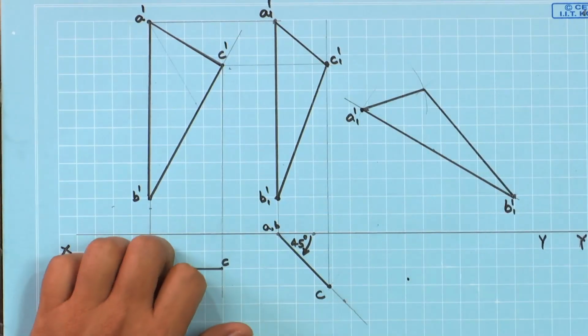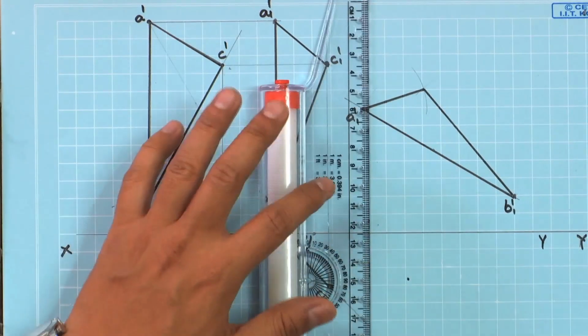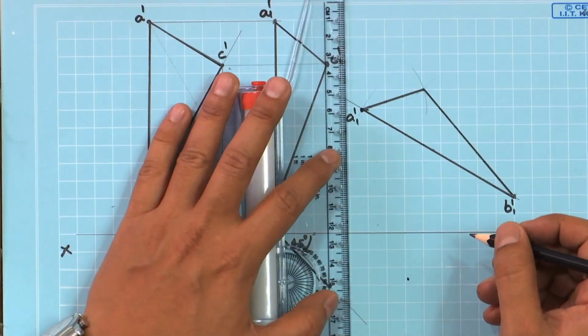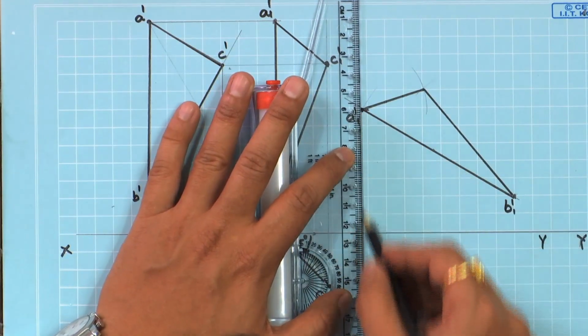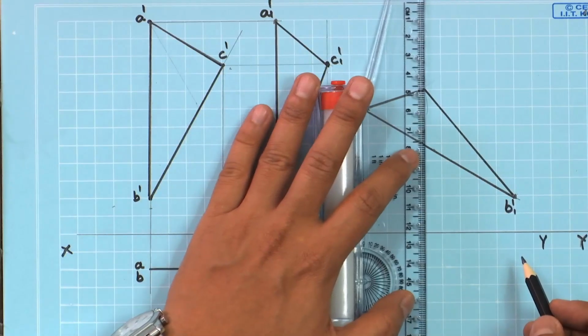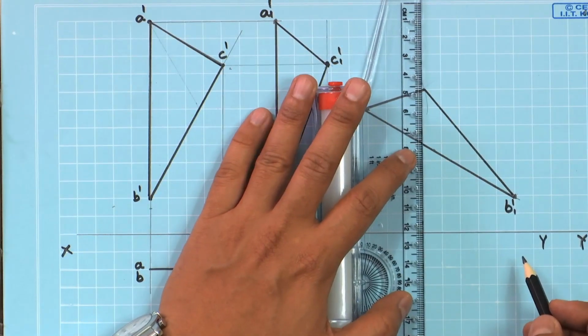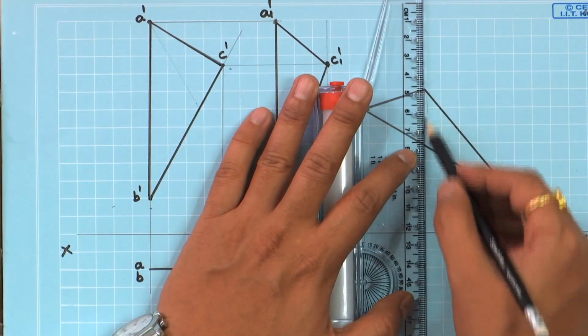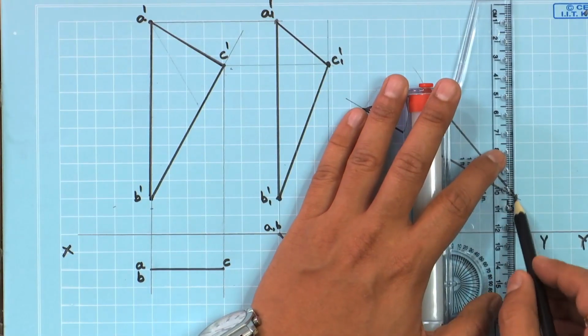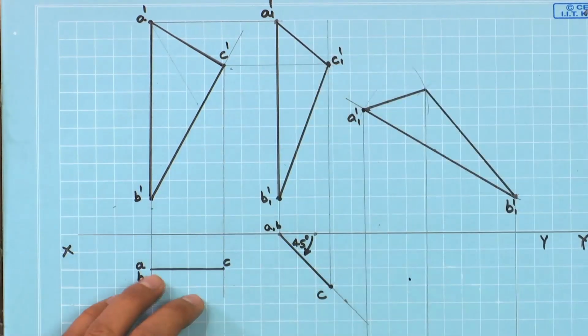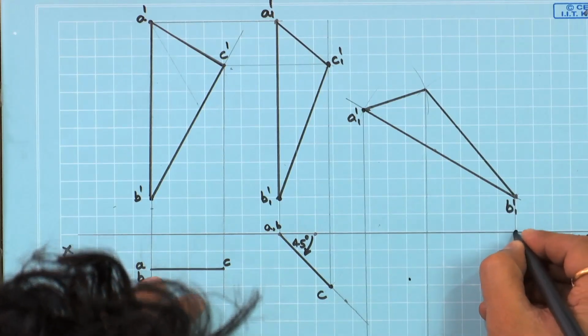Now, their projections, let us look at their projections. A1 goes there, C1 goes there, B1 prime goes there. We want to keep this on the vertical plane.